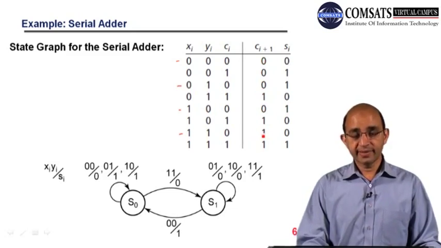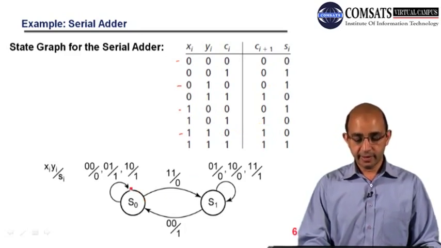So that's why this is somewhat different from those previous states. Here 0, 0, no carry out, 0, 1, sum 1, no carry out, 1, 0, no carry out. So whenever we have a carry out, that is something different, and we have to move from the present state to the next state.